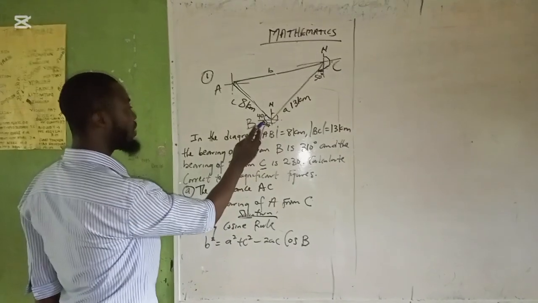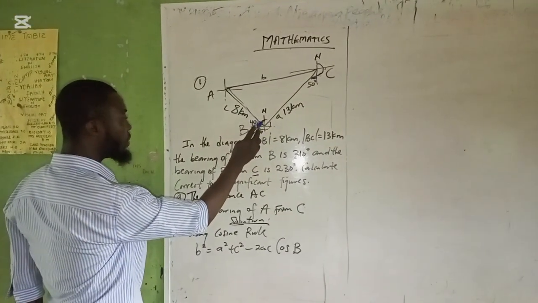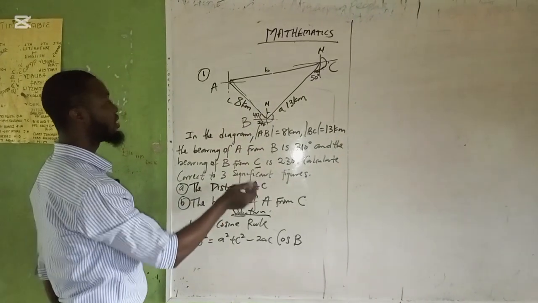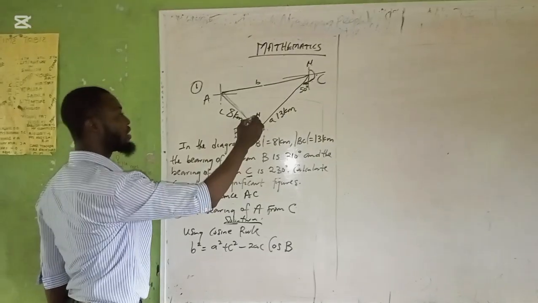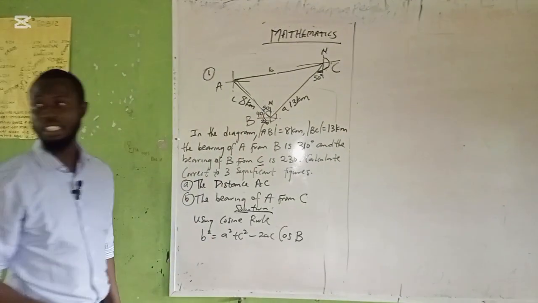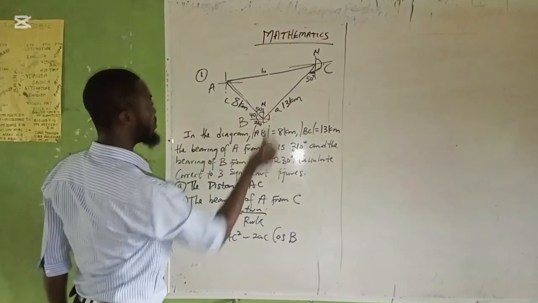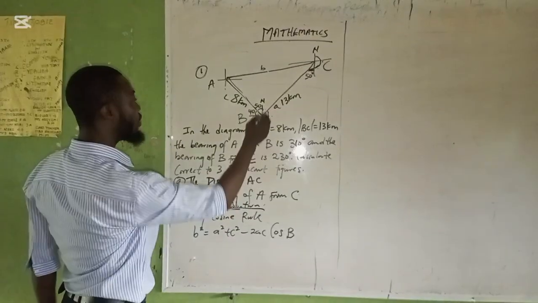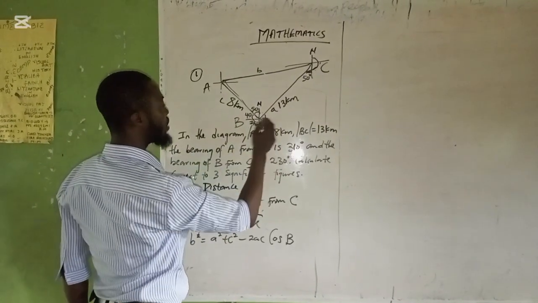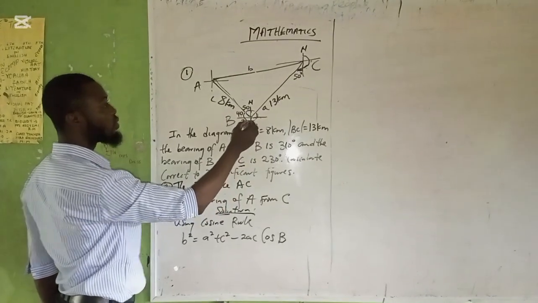Now for us to find this cos B, I need to know our angle here. Already from this place to this place is 40 degrees. Each of the quadrants is 90 degrees, so this place will be 50 degrees, that is 40 plus 50 gives us 90 degrees. Now, another one is this angle as well. From this place to this place is 90, and from this place to this place is 180 degrees.